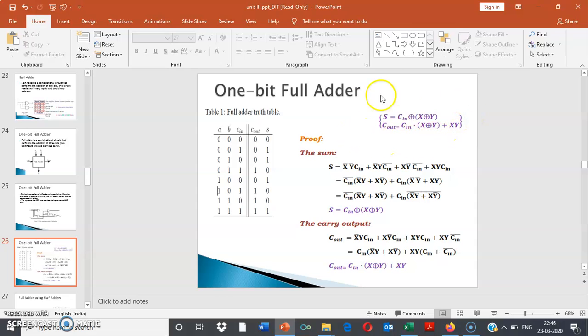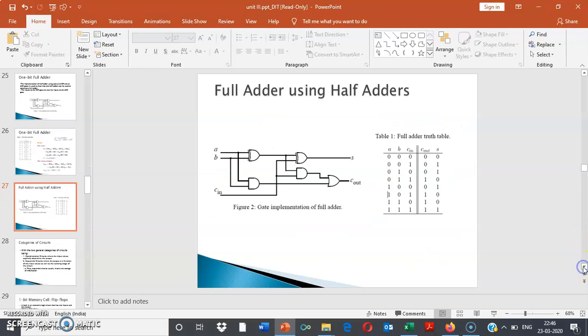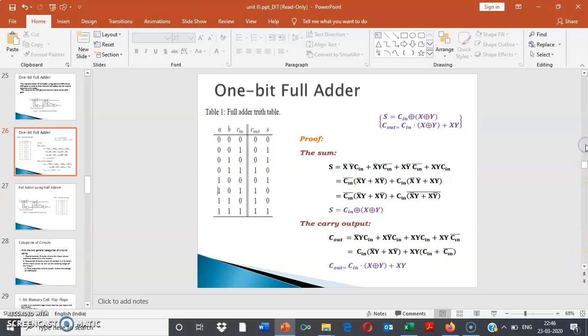Now how did we get this? Let us check. We have the proof here. Sum is equal to, as we saw in the previous slide, wherever sum is 1, you simply write it in the product form, and at the end you add them.